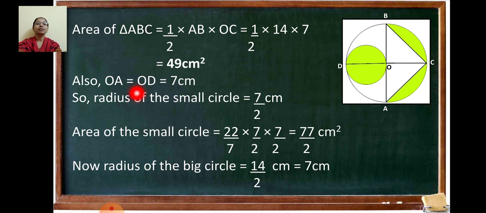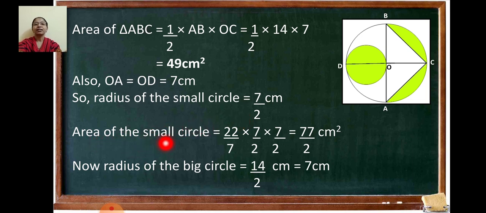Now again look into the diagram. OA is equal to OD, radii of same circle. So therefore OD is 7, but this OD is the diameter of that smaller circle. So therefore the radius of the smaller circle will be 7 divided by 2. Keep it as it is.